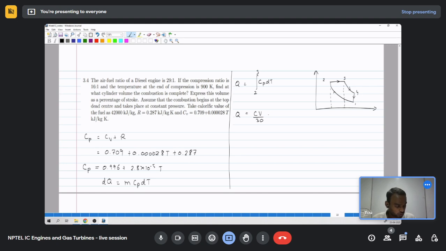So the total heat added is 42,000 by 30, that is 1400 kilojoules per kg of air.